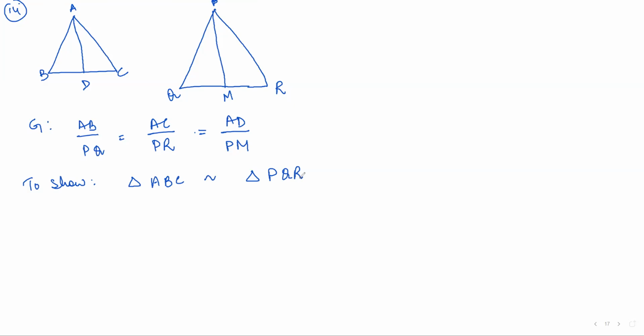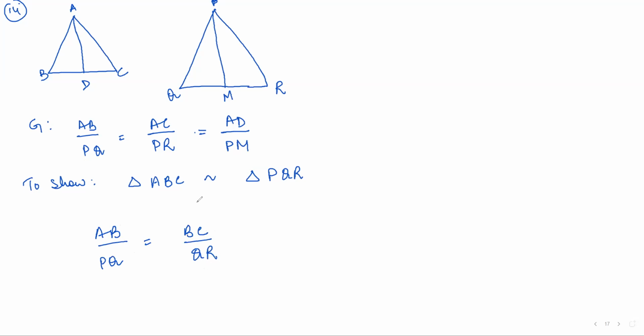Don't you think it is the same question as question number 12? What is the difference? D is the midpoint. Okay. The difference is this, Sarah. In question number 12, the sides were proportional like this: AB by PQ was proportional to BC by QR.